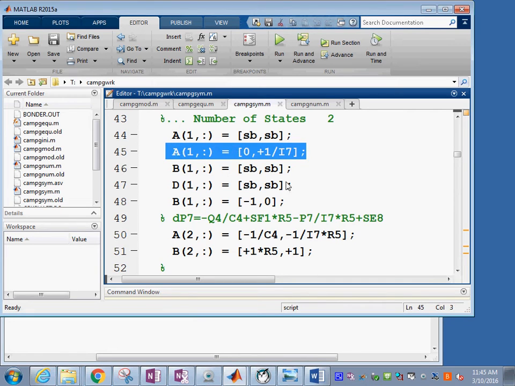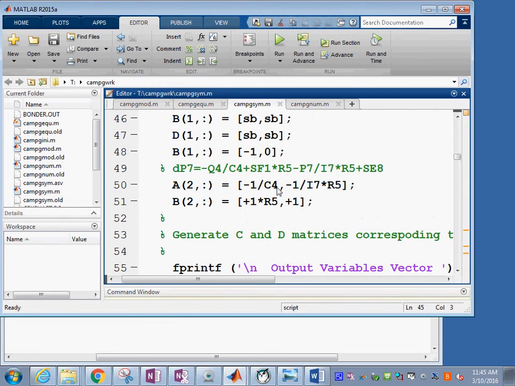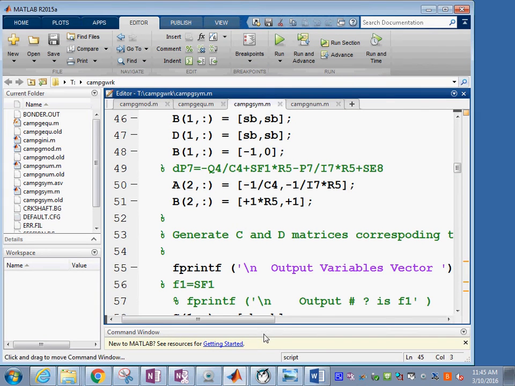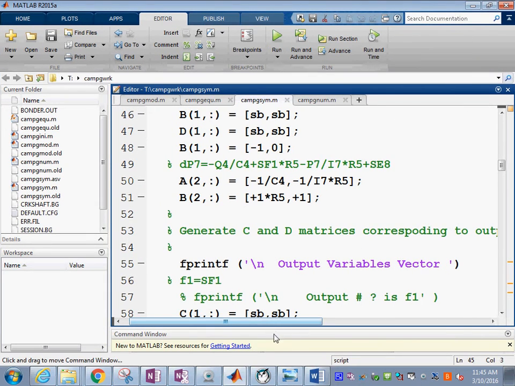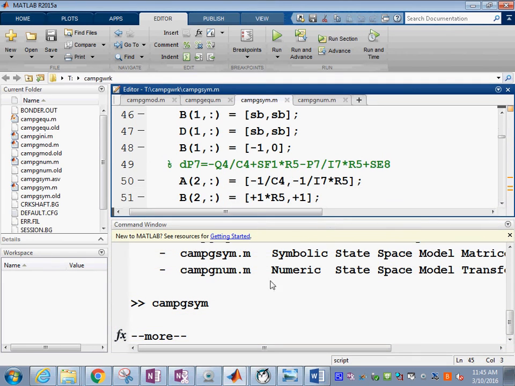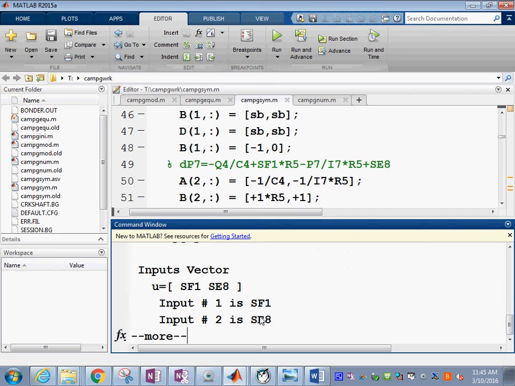So in here we'll go back to the notes. Do you see there's the A matrix? Let's see if I make it small so we can compare it right there. See it right there, the A matrix? 0 and minus 1 over I7, and then minus 1. Do you see what I mean?